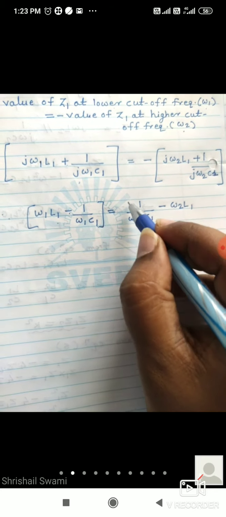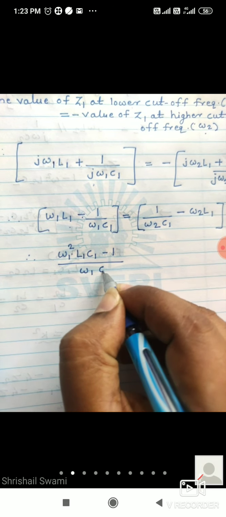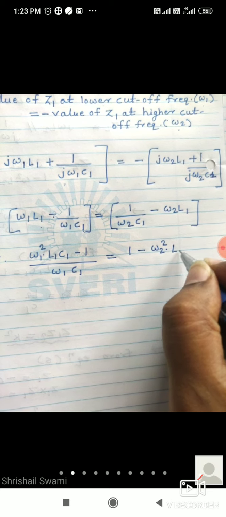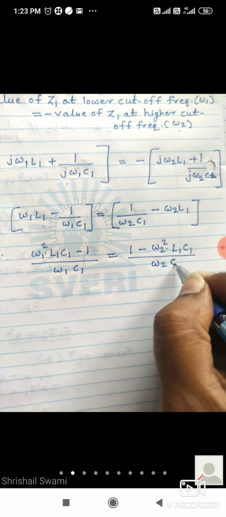Now what to do, take the cross multiplication in this bracket. So take the cross multiplication: omega 1 square into L1 C1 minus 1 divided by omega 1 C1 is equal to, take the cross multiplication, 1 minus omega 2 square into L1 C1 divided by omega 2 C1.